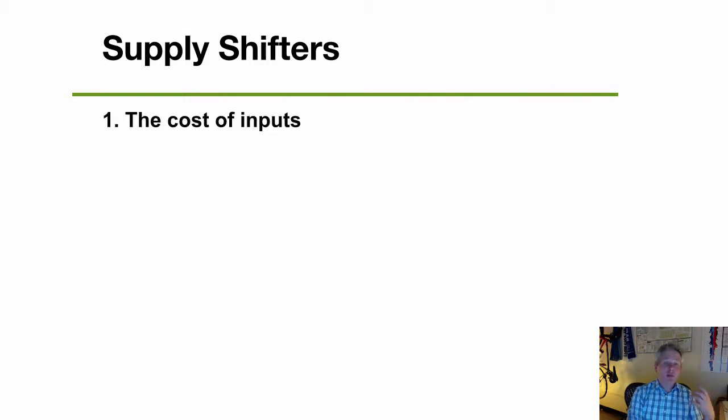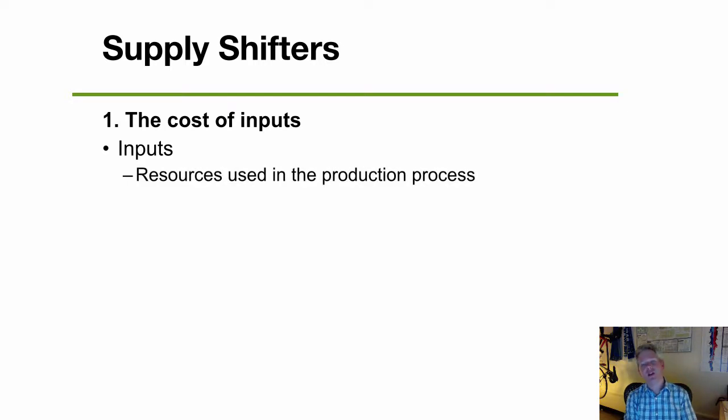Okay, so what are the things that cause supply to shift? The first and one of the most important is the cost of inputs. Inputs are the resources that are used in the production process for whatever good we're talking about. So in terms of cups of coffee, you have coffee machines, you have labor that makes the cups of coffee, and most importantly you have the coffee beans that you may get raw and then have to roast, in which case you need roasters.